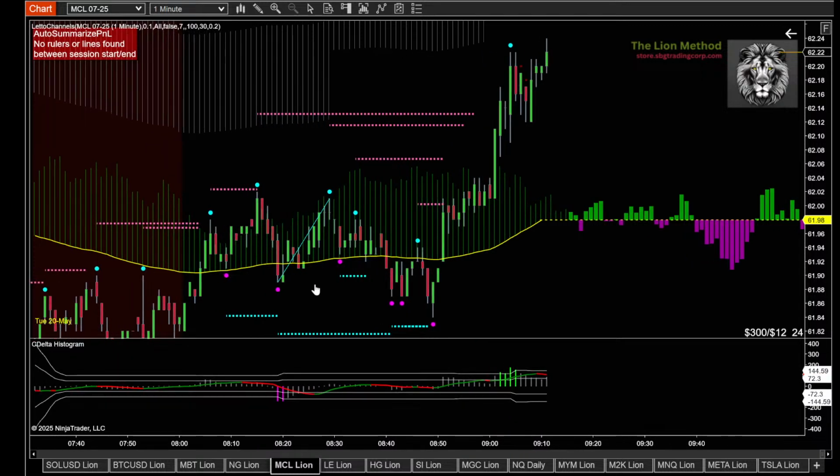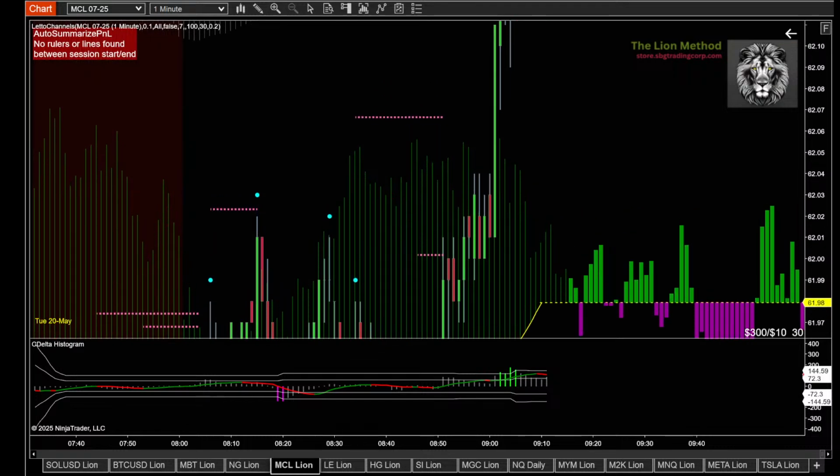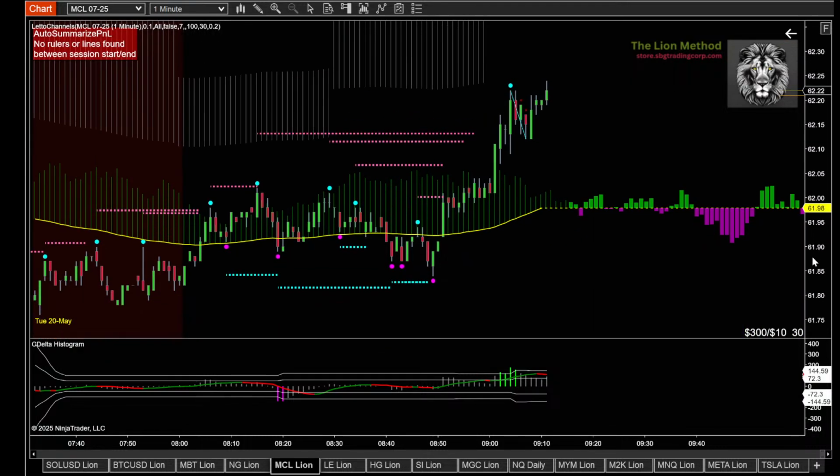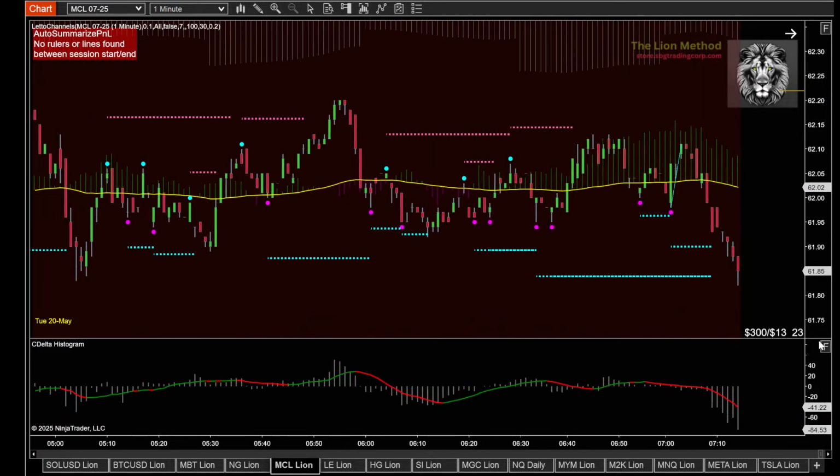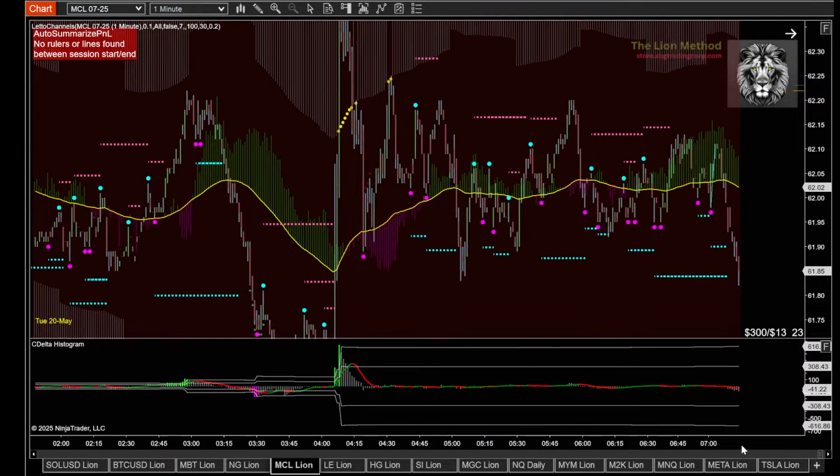So that could work. We're going to analyze that. I've been in some trend trades that just don't pan out, so I'm not sure why I want to keep doing that if it's not helping me.